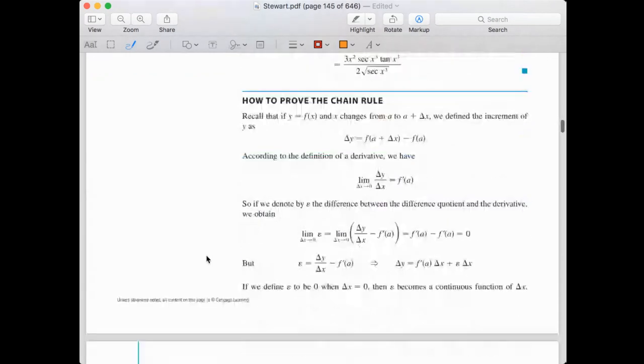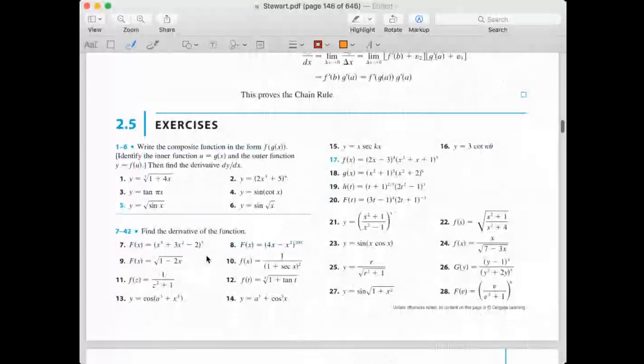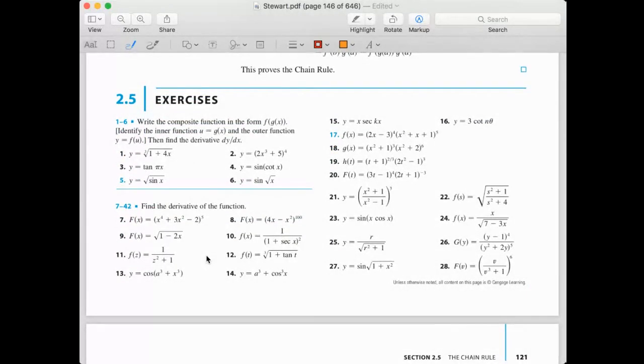Okay, we're not going to prove the chain rule. Let's try some exercises. Let's try 2, 4, 6.